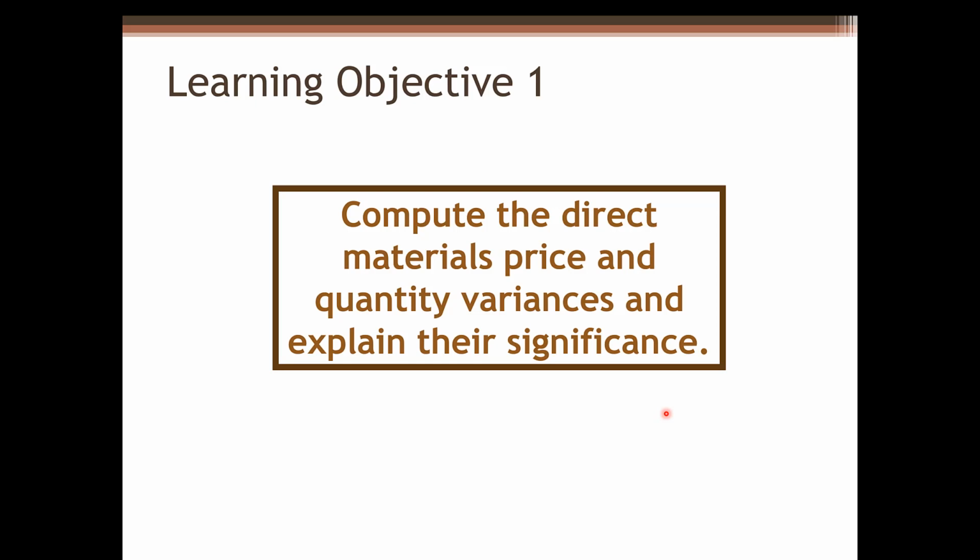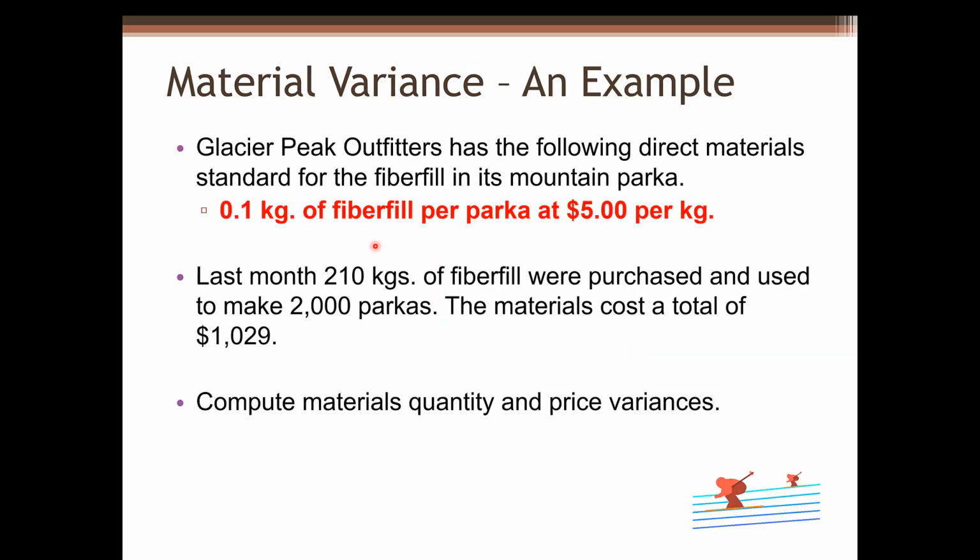Learning objective 1 is to calculate the direct materials price and quantity variances and explain their significance. Let's take a look at the example. Glacier Peak Outfitters has the following direct material standard for the fiber fill in its mountain parka: 0.1 kilogram of fiber fill per parka at $5 per kilogram.